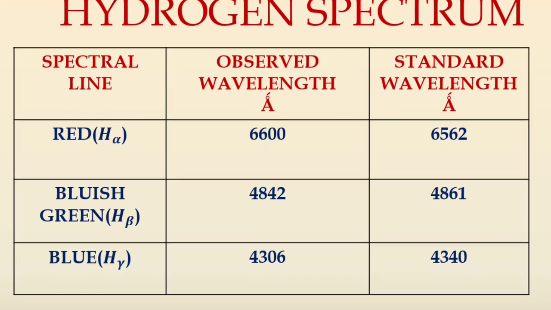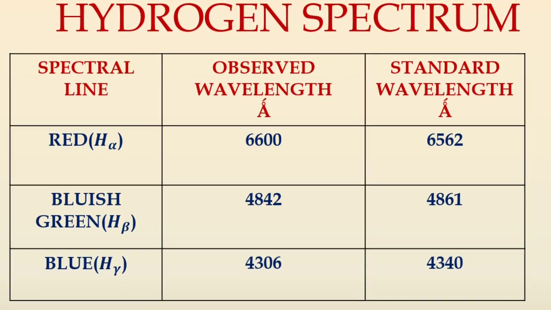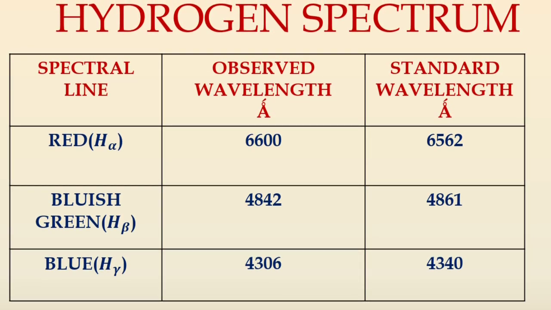See, the calculated value for the observed wavelength for red, that is the H alpha spectral line of hydrogen spectrum, is 6600 angstrom, which is against the standard wavelength of 6562. So there is a difference of some 40 angstrom. Let's not bother much about it. There may be some difference of 200 to 400 angstrom that is permissible.